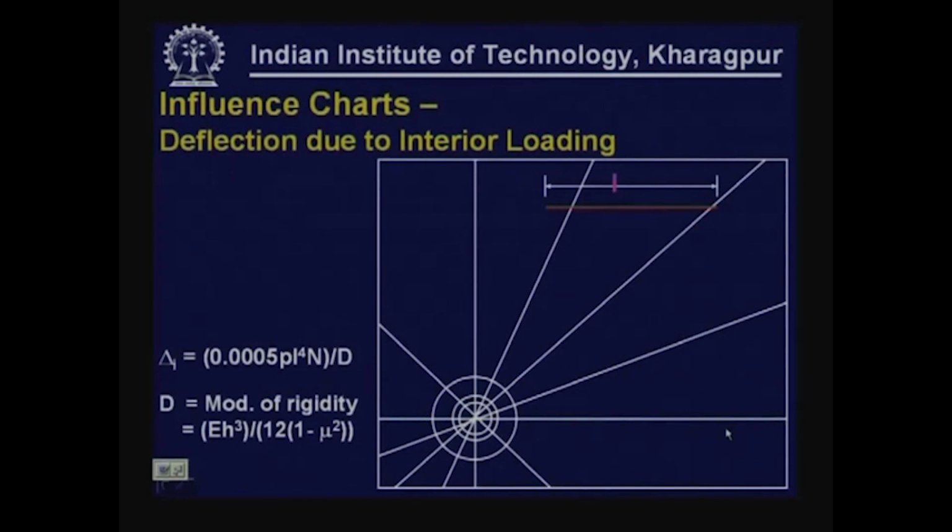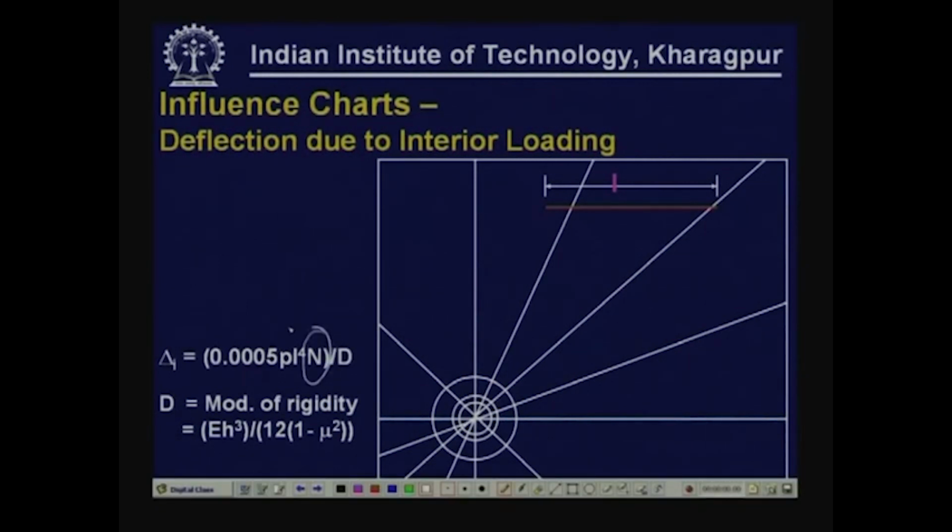We have a similar influence chart for computing deflection in the interior loading. Again, here also we have to place the tire imprints on the diagram, draw them to the same scale represented by the line at the top, count the number of blocks N, and then use the contact pressure, the radius of relative stiffness, and a parameter D, which is known as the modulus of rigidity, computed as EH cubed by 12 into 1 minus mu square.